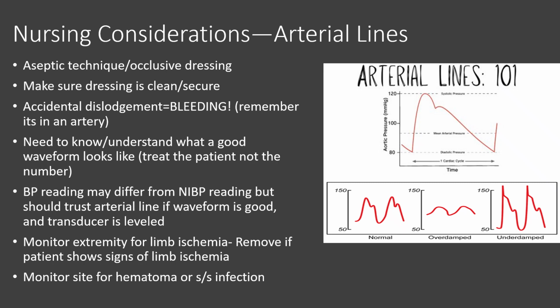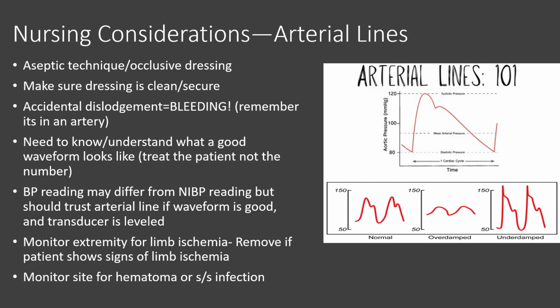And also, let's think about this. Let's say we've had a beautiful arterial line waveform on our monitor all day and suddenly it disappears. It could mean a few things. It could mean your system's no longer working. It could mean that someone is currently accessing your system, such as the RT to get a ABG, and you can't transduce the blood pressure and access the system at the same time, so maybe that's it.